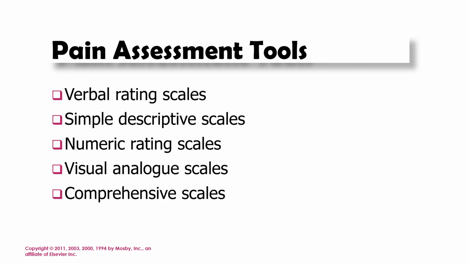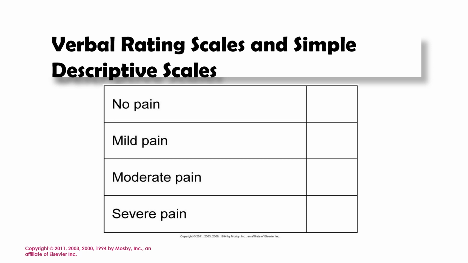So how do we assess the pain in animals? We can do that by verbal rating scales. We also have the simple descriptive, numeric rating, visual analog, and the comprehensive scales. Here, the verbal rating scales and simple descriptive scales to indicate pain in animals.